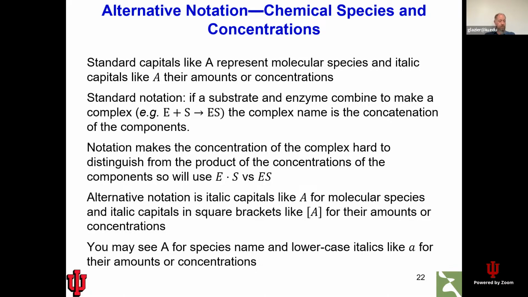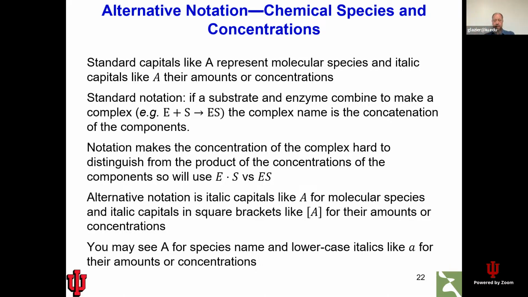Okay. Some people like to put the concentrations in square brackets to distinguish the species from the concentration of the amount. And the brackets have the advantage that they make the difference between E times S and ES clear. The disadvantage is that they tend to accumulate. So lots of things get pretty long when you have lots of brackets.